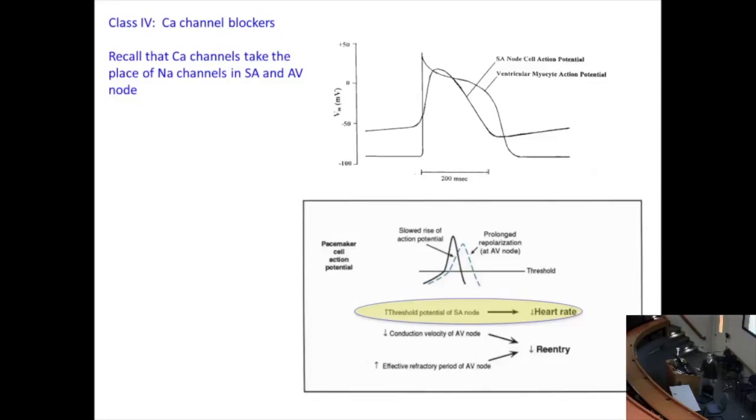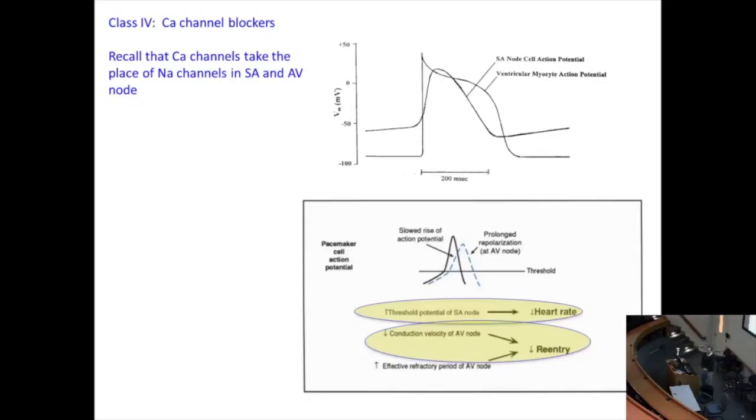It'll slow your heart rate if you've got a tachycardia, supraventricular tachycardia. It will also decrease the velocity of conduction through your AV node because you're blocking calcium channels. They're the equivalent of sodium channels in the AV node.